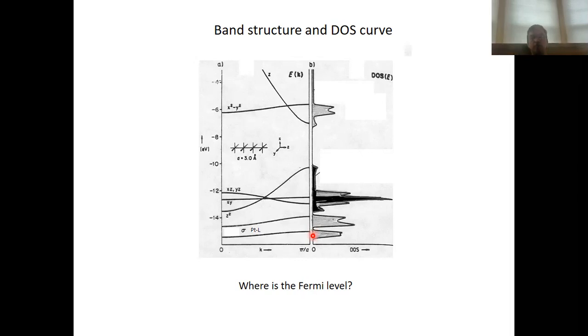Okay, so you see, for instance, that the dxy here translates to a very high density of states here, while the wide 3dz square band here translates to a very low density of states. Okay, the same in this region here. For instance, the dx square minus y square orbital translates to high density of states. The 6pz band translates here to a very low density of states.